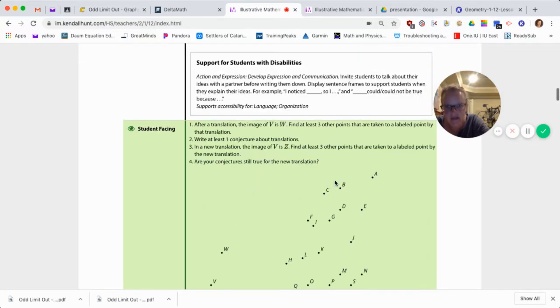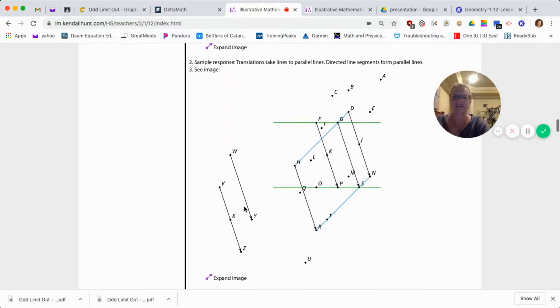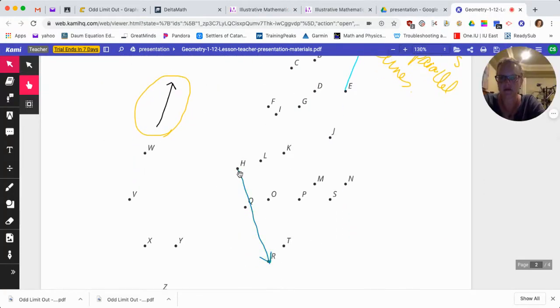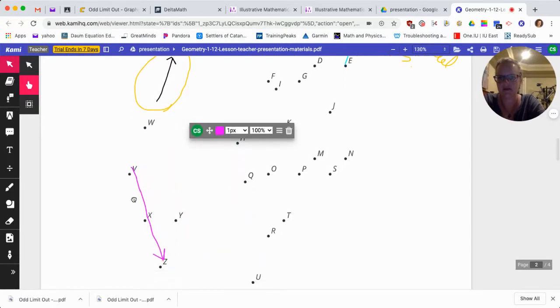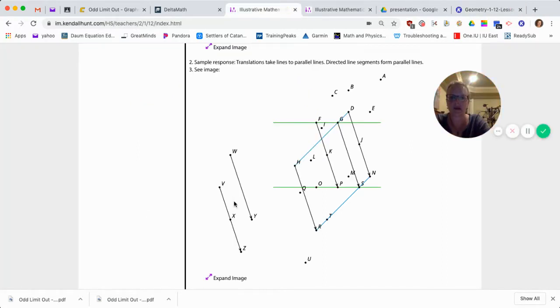I think the next part tells us that in a new translation, the image of V is Z. So we actually can take the image of V going to Z, which is going to be down here. If I picked this up and moved it around, which I believe I can do, I could drag it everywhere, W to Y, and show you that those are also parallel lines.